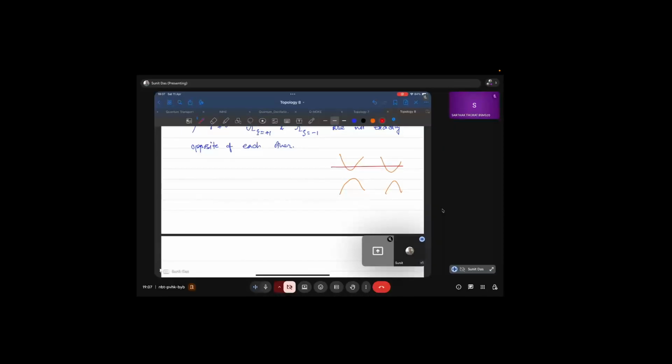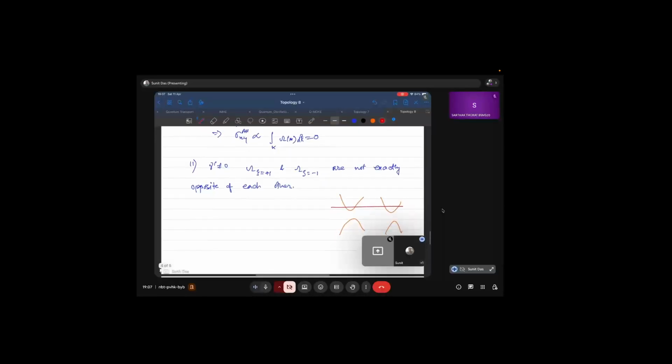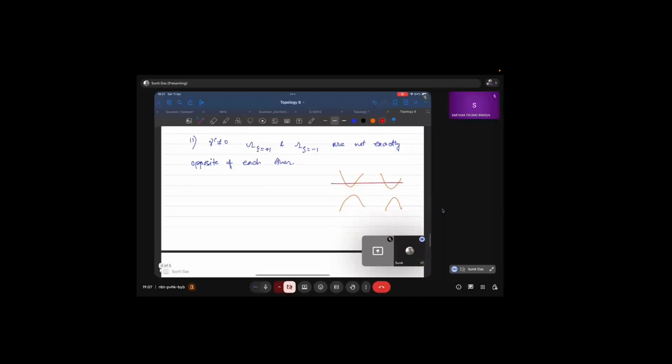So you are only in the conduction band, so omega plus is only contributing for both the valleys. Even then, the two valleys do not cancel each other, so there can be an anomalous Hall effect. So sigma AH yx is not equal to 0.